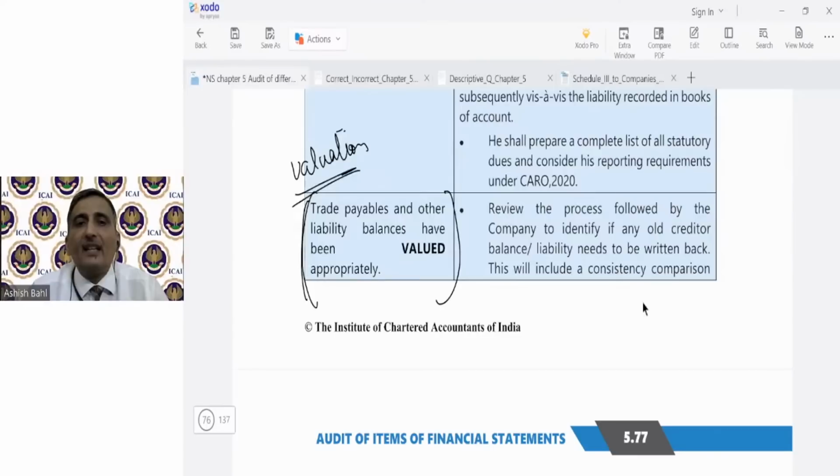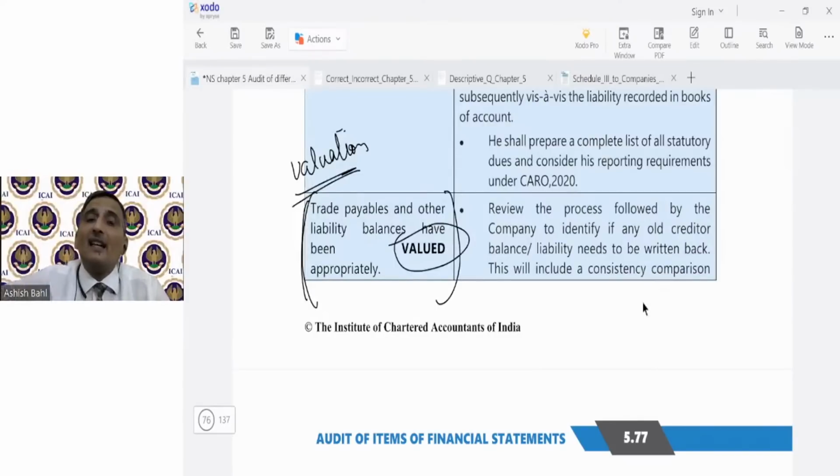Yes, students, is that clear? So valuation: trade payables and other liabilities have been valued properly. Valued properly means that the amount at which they are reflected in the balance sheet should be proper. So suppose some old trade payables are outstanding.